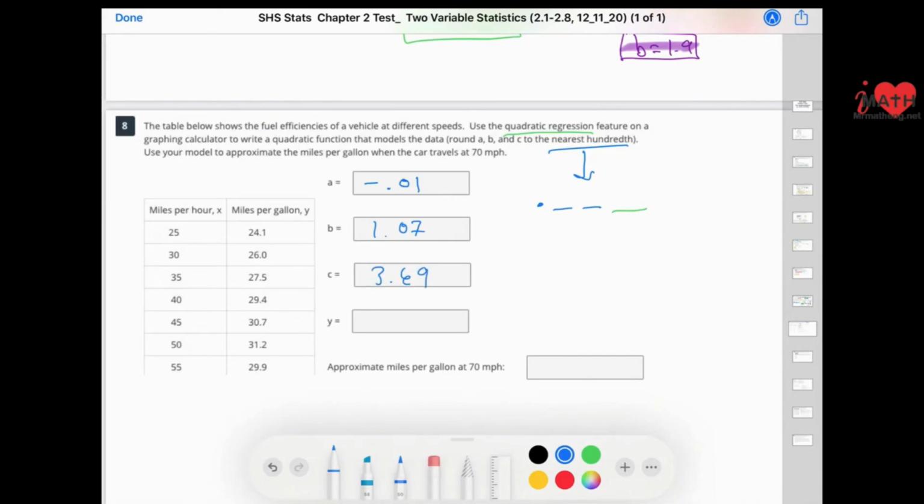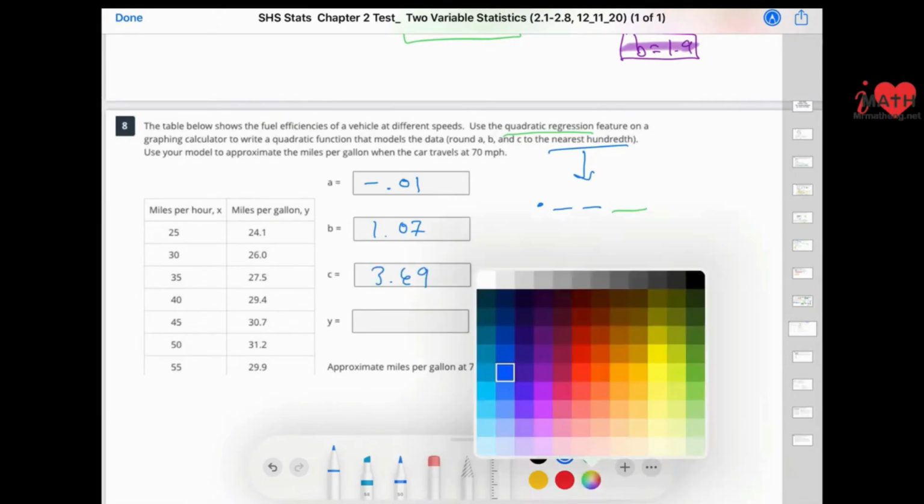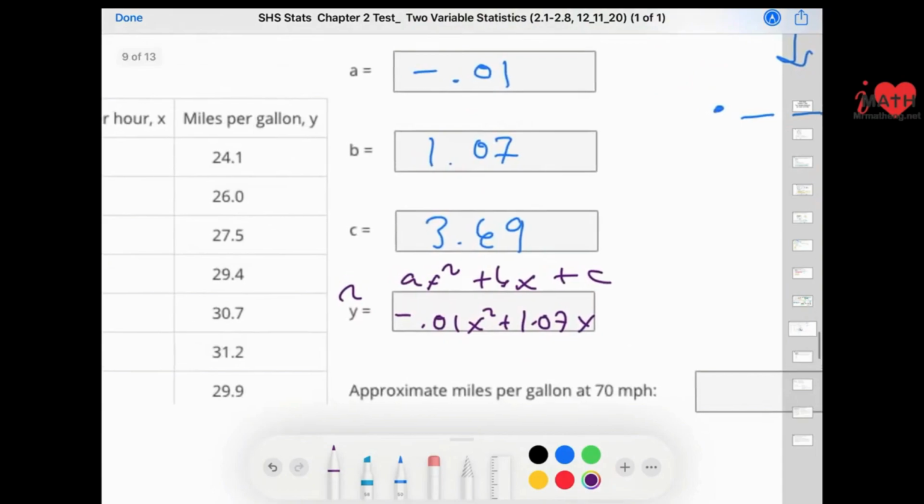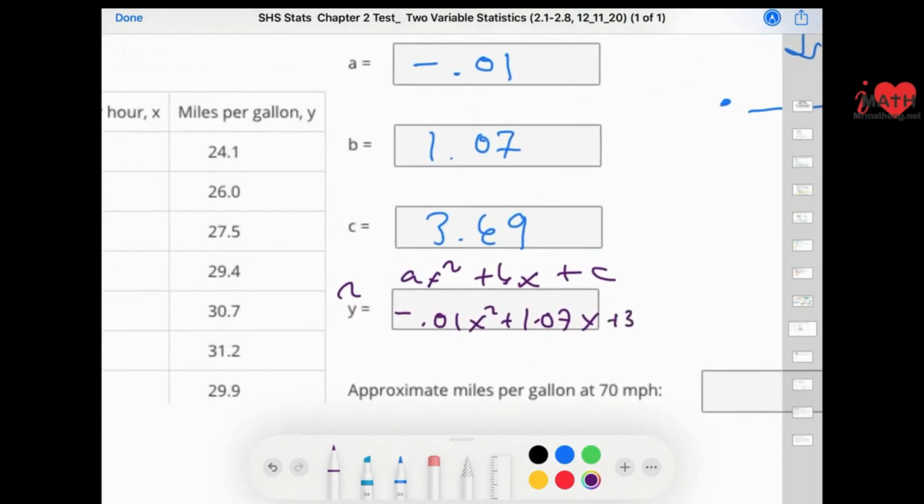Okay, y here is just basically y hat. So ax squared plus bx plus c. So I'm just going to put all those numbers in: negative 0.01 x squared plus 1.07 x plus 3.69.